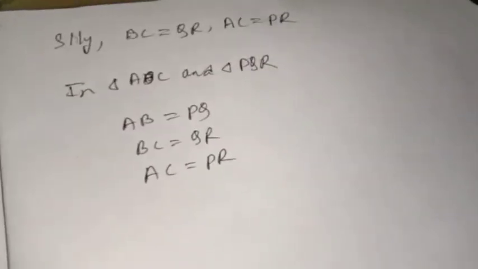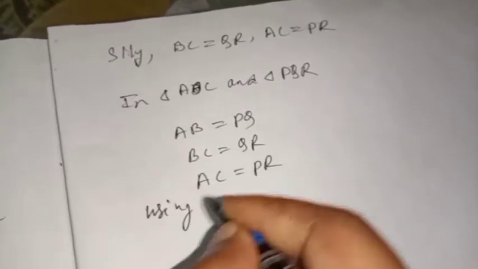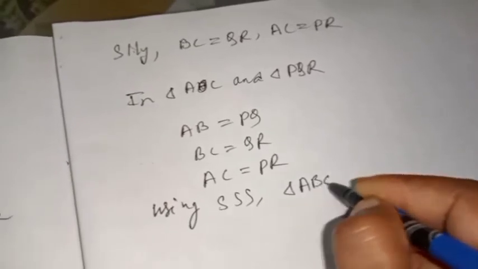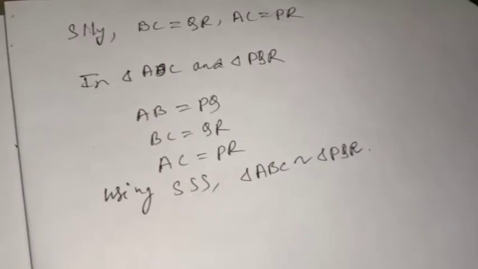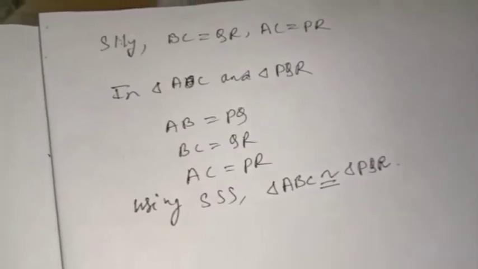So try to remember the congruence criteria. Using SSS, triangle ABC is congruent to triangle PQR. So we have proved that if the areas of two similar triangles are equal, then they are congruent.